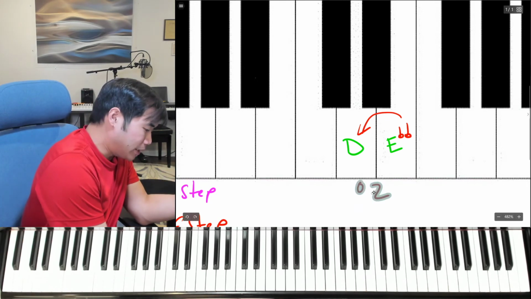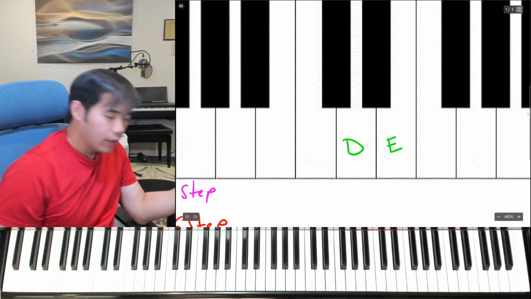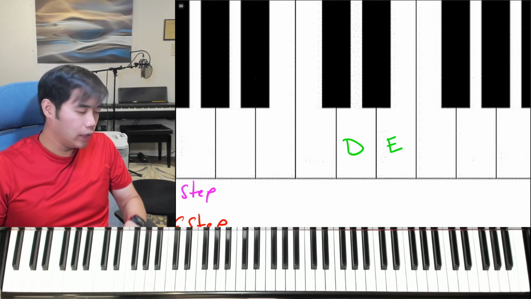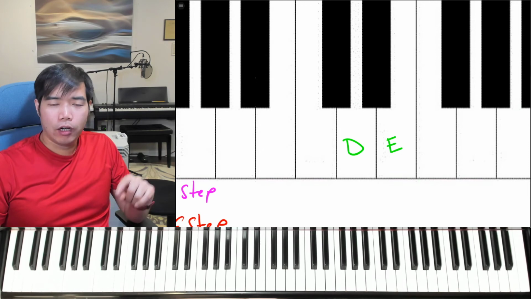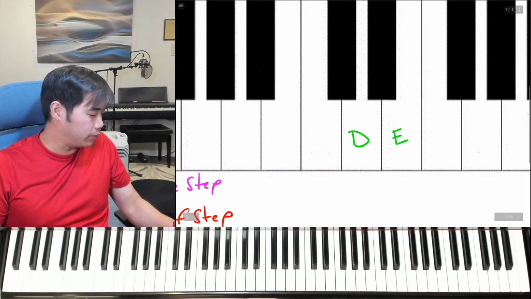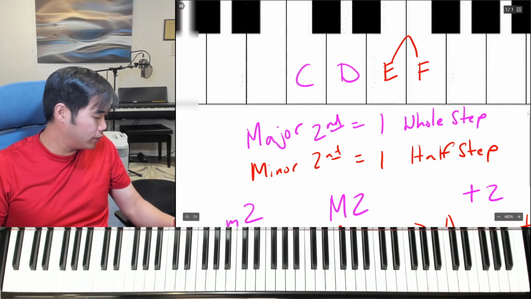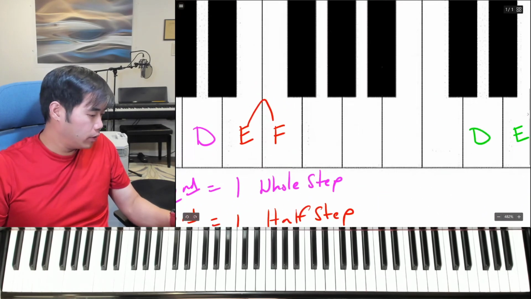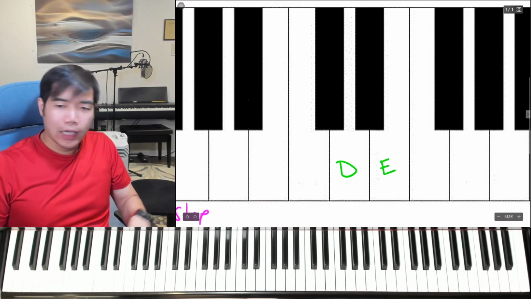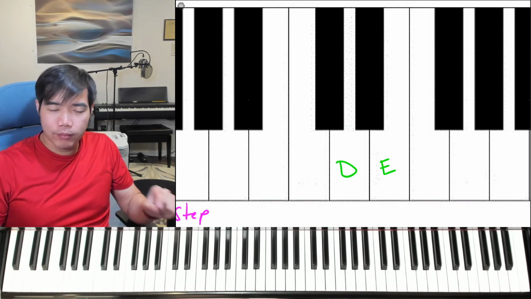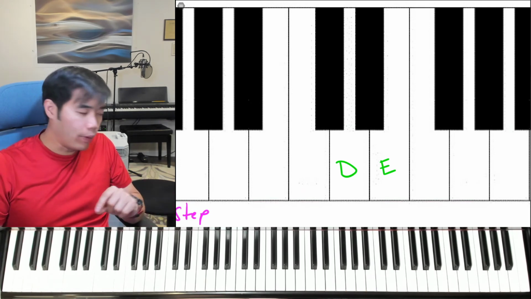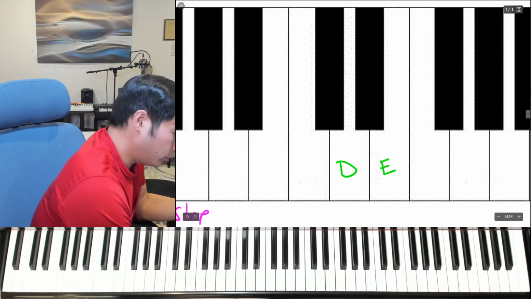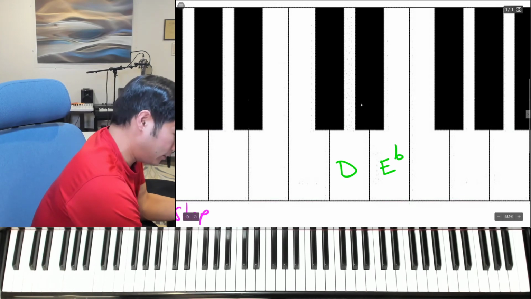Now let's make this into a minor second. How many half steps are in a minor second? Let's take a look to remind ourselves. Minor second, 1 half step. So we have the note D. If we're modifying the E to make this 1 half step apart, then we have to make this an E flat.